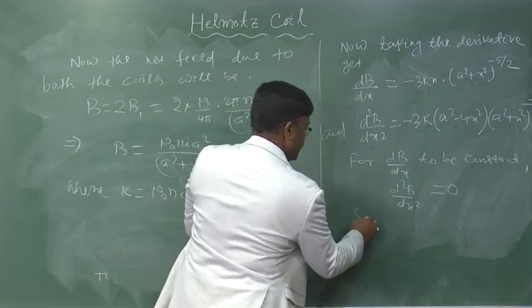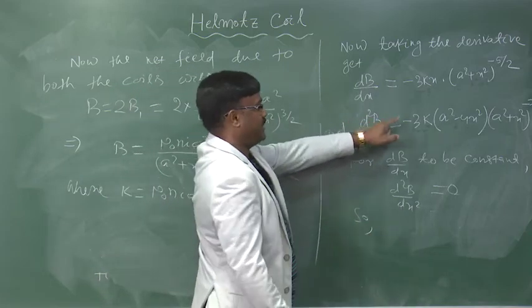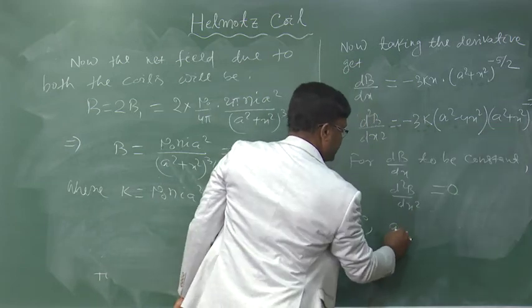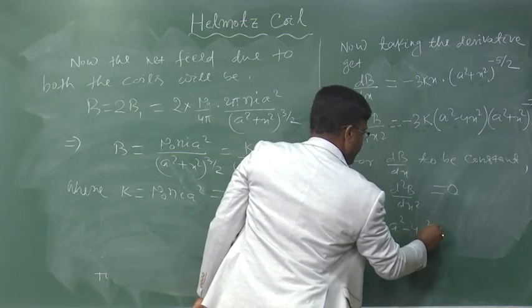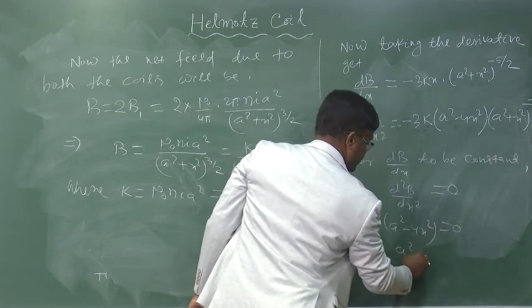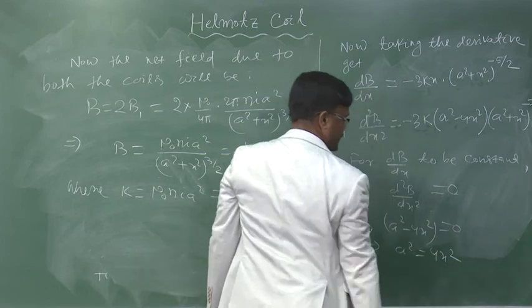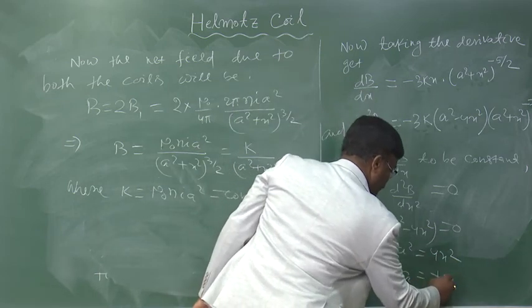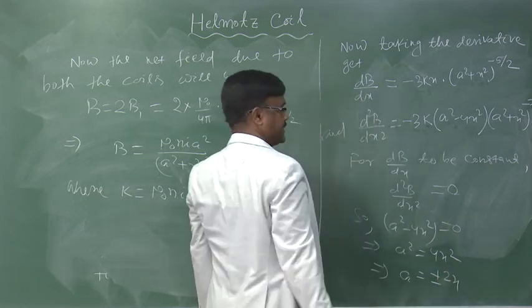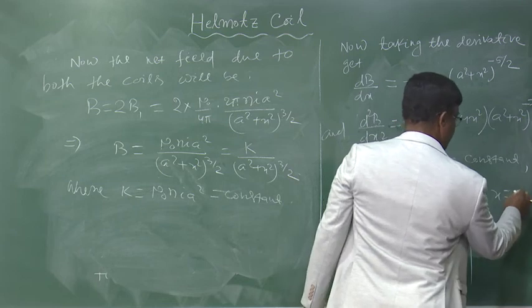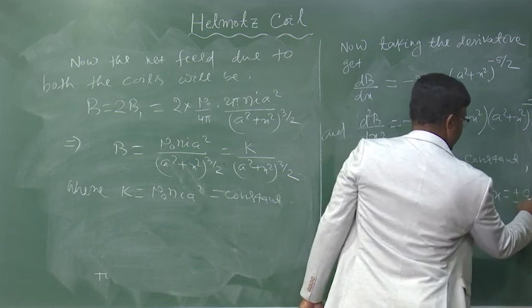So, from this equation this much will be 0, which implies a square minus 4x square equals 0, so a square is equal to 4x square, a equals plus or minus 2x, and x is equal to plus or minus a by 2.